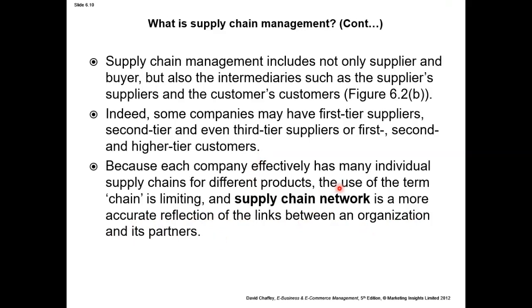For example, if we take a company like Unilever, it has many individual supply chains which facilitate the manufacturing of different products. For example, they have shampoo, soap, detergents, and other cosmetic products.